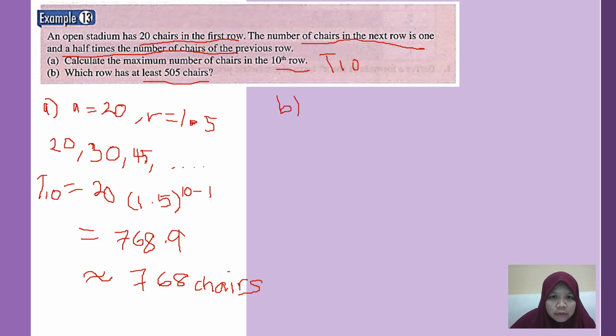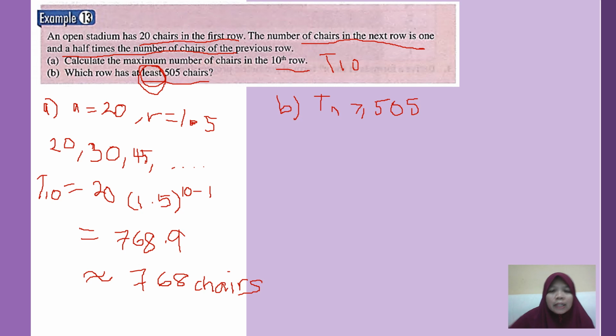Now let's solve B. Which row has at least 505 chairs? So we want to find n here. Let Tn be greater than or equal to 505. Why do I use greater than or equal? Because of the term "at least".